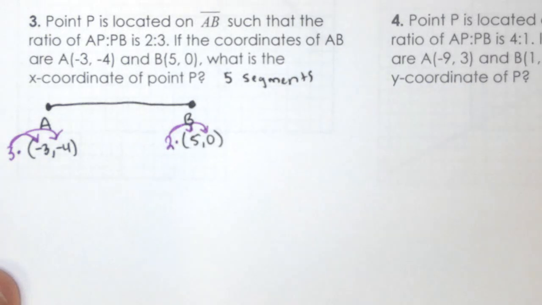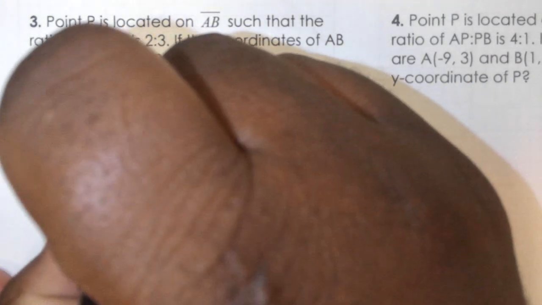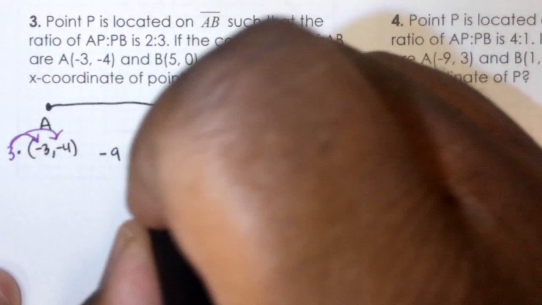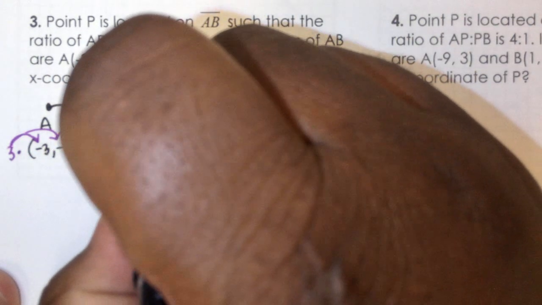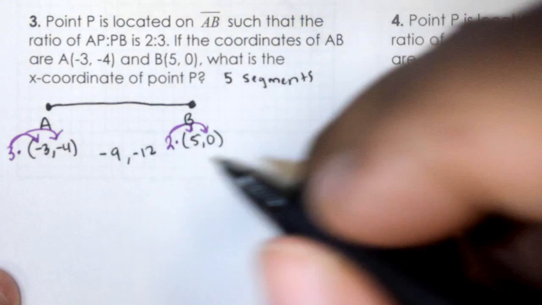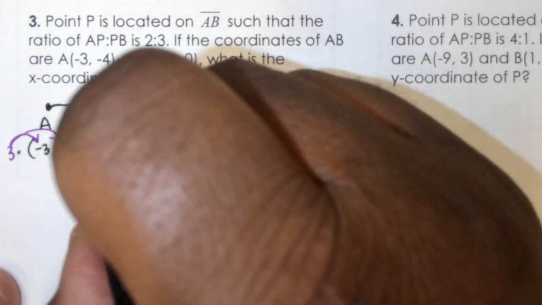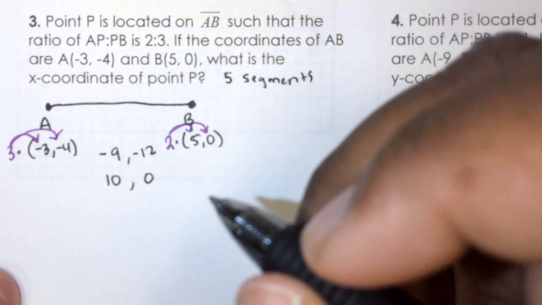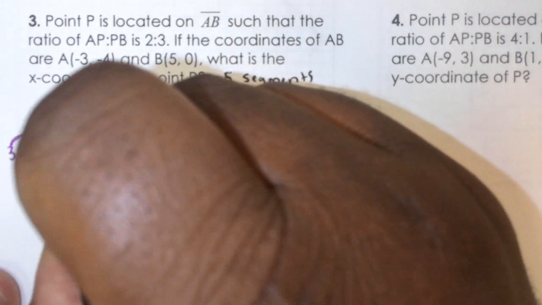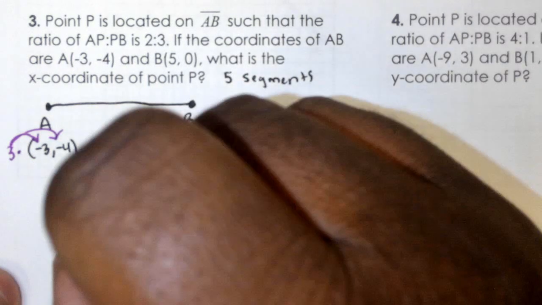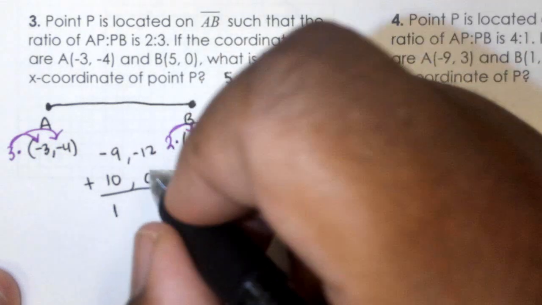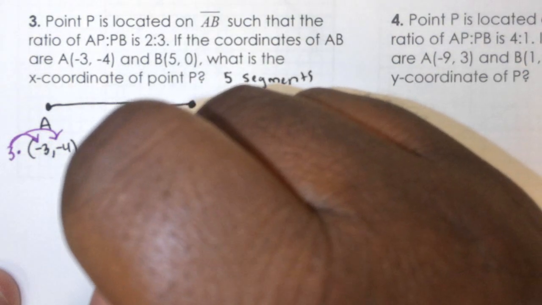Three times -3, -9. 3 times -4, -12. Pretty sure that's right. Under that, 2 times 5 is 10. 2 times 0 is 0. Adding those together: -9 plus 10 is 1. -12 plus 0 is -12.